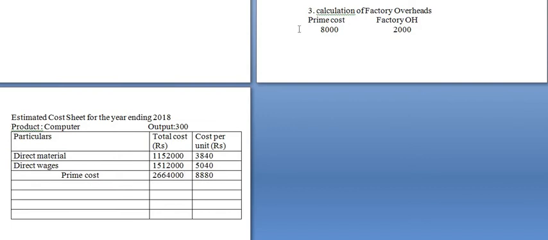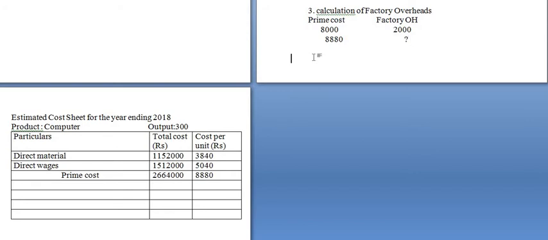We were calculating factory overheads. Okay. Prime cost and factory overheads. Now in the year 2017, when prime cost was 8,000, factory overheads is 2,000. Okay. Now in 2018, when prime cost is 8,880, then how much will be the factory overheads? Okay.